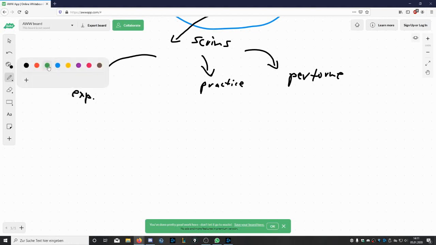The most important part is always the goal setting of each of these scrims. So the experimental scrim has the goal to try out new stuff. We want to try out a different comp. We want to try out a different line of communication. We want to try out a lot of different things. We haven't really talked in depth in a coaching session about how it could work, or how we want to redo anything.